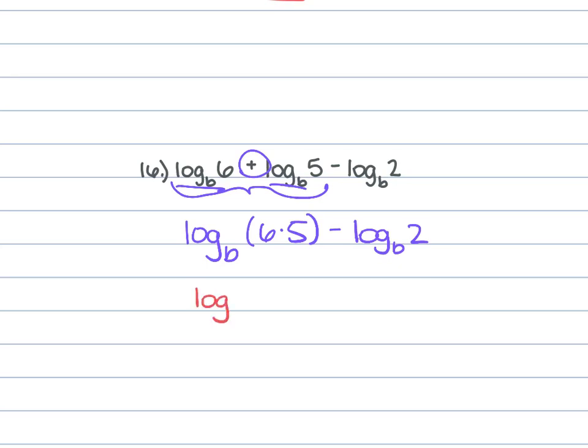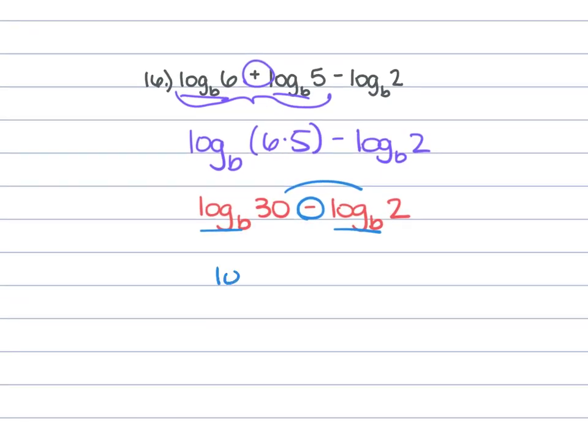So this is log b of 30 minus log b of 2. We have subtraction. Our bases are the same, so divide the 30 and the 2. So this is going to give us log b of 30 divided by 2. The 30 divided by 2 is 15, so it's just log b of 15.